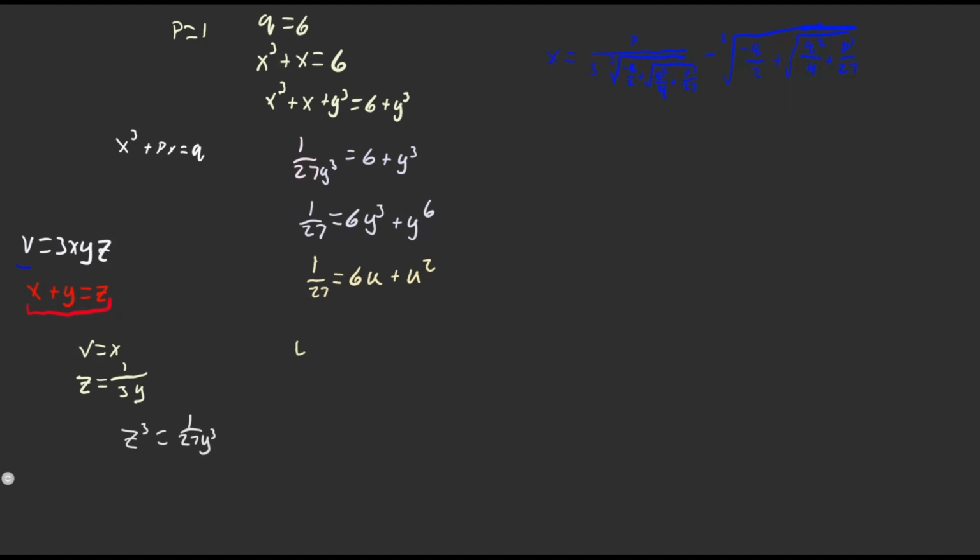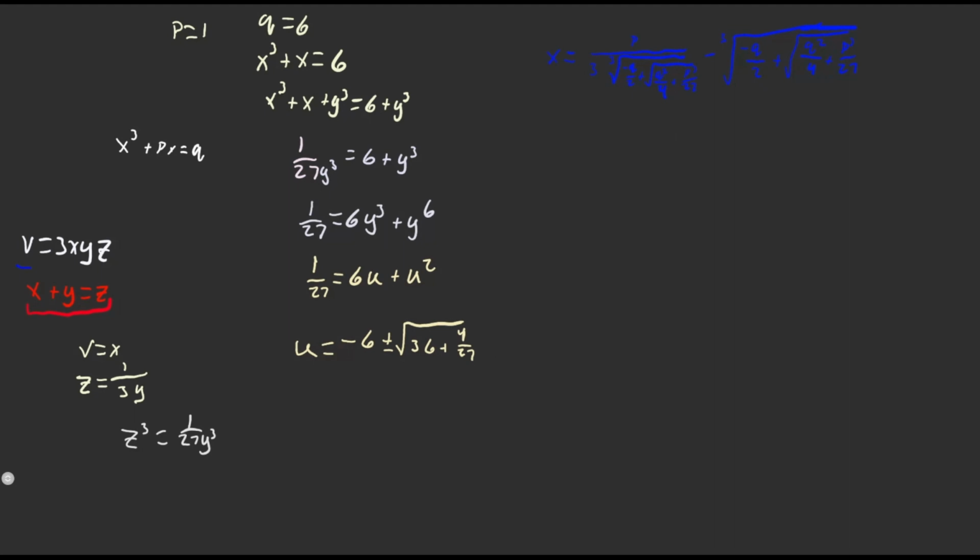So we'll just use the quadratic formula and we get u is equal to -6 plus or minus the square root of 36 plus 1 or 4 over 27.